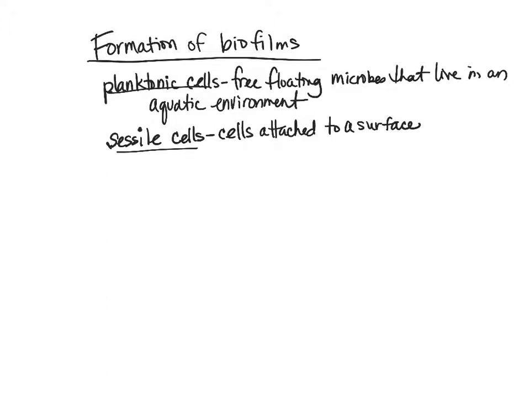So when we take a look at the formation of biofilms, we have various steps. The first step is attachment of the planktonic cells to some sort of surface. This surface is generally coated with some sort of conditioning film. This can be something like a slime from some other organism or an algae base, something that is going to allow the cell to attach to it.